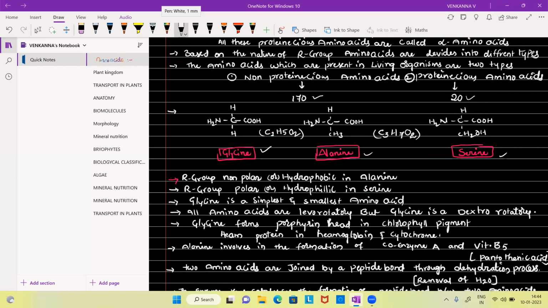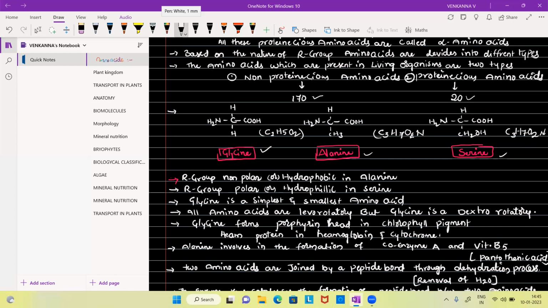The molecular formula of serine is C3H7O2N, and here also one nitrogen atom is there.